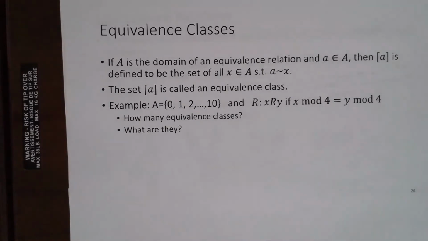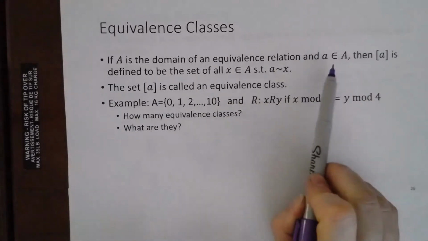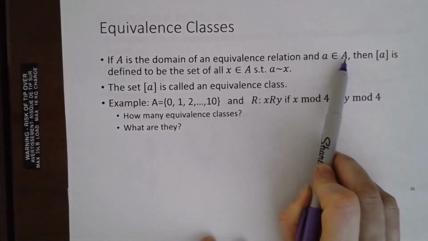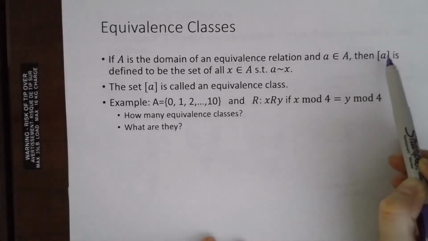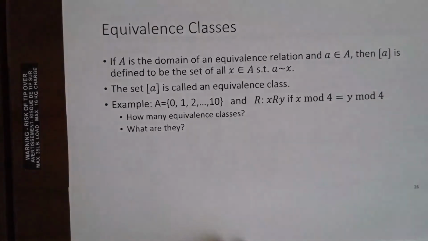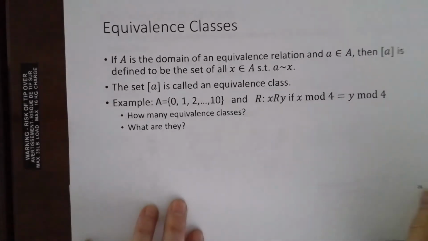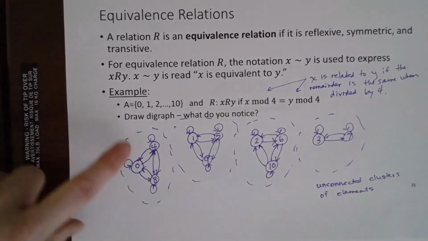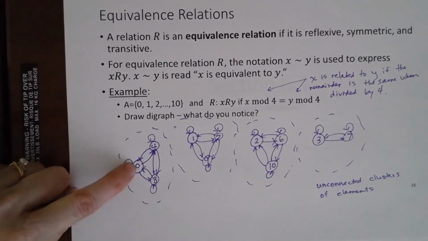So if A is the domain of some kind of equivalence relation, remember that an equivalence relation has to be reflexive, symmetric, and transitive. Okay. And then we've got some element A from that set. When I put little square brackets around it, that denotes the set of all things that are related to A. So for example, if I were to look at little brackets around 0, I would list all the things that are related to 0.